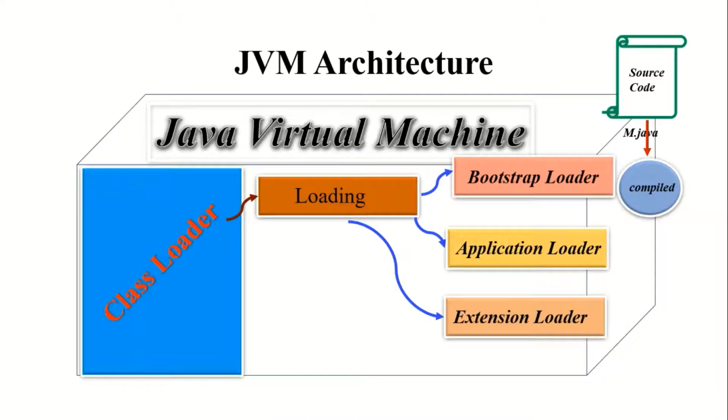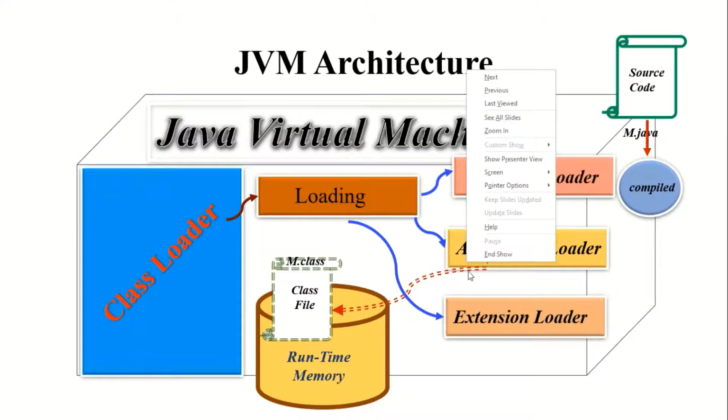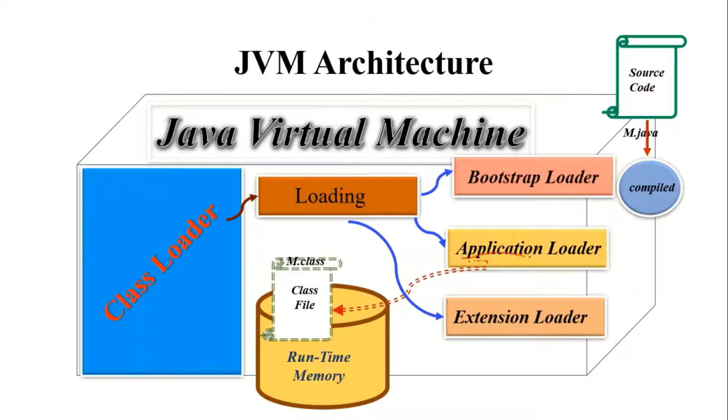Whenever we have a source file and when it is compiled, we get a .class file, right? This .class file is loaded into the runtime memory with the help of the application loader. So the application loader does a very simple task of loading the .class file to the main memory.